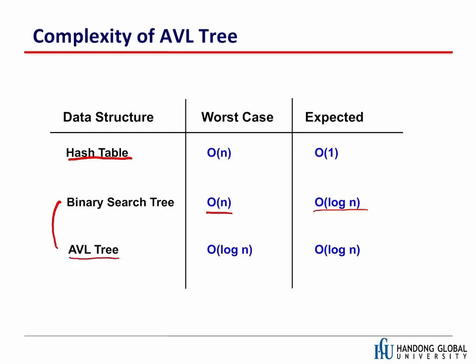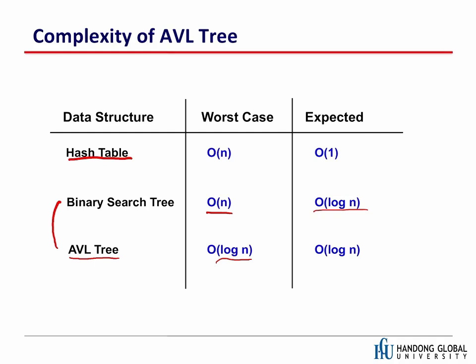And in the AVL tree, for the worst case, just log n is enough when we search for one key, because the AVL tree is well balanced. So the height of the AVL tree is basically log n. Then let's think about the overhead. Whenever we insert or delete, there is overhead, right?